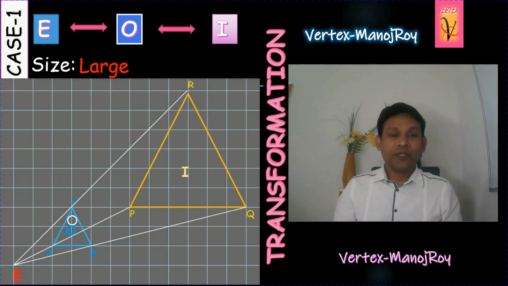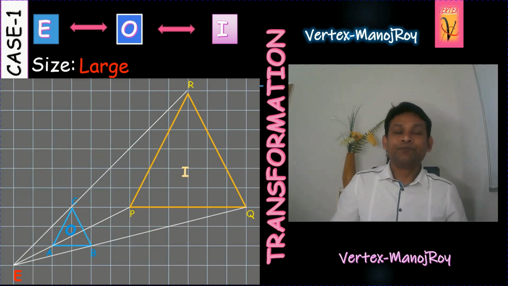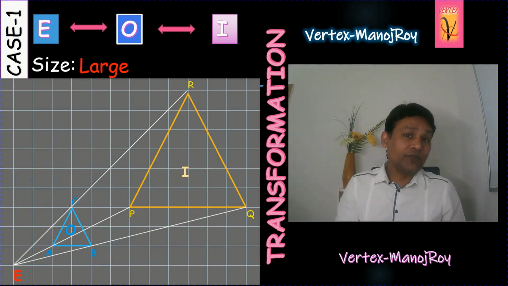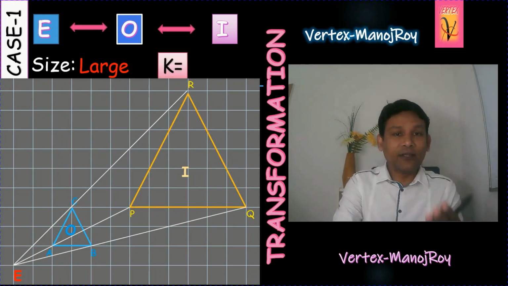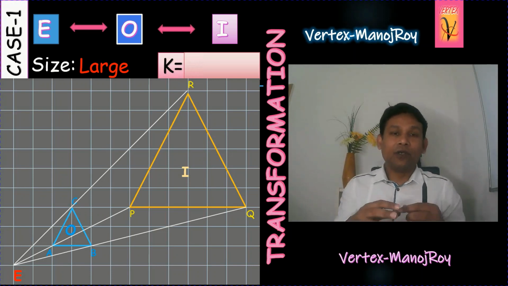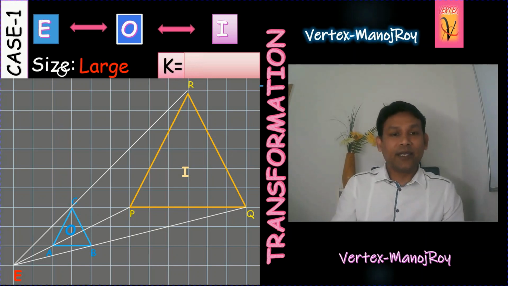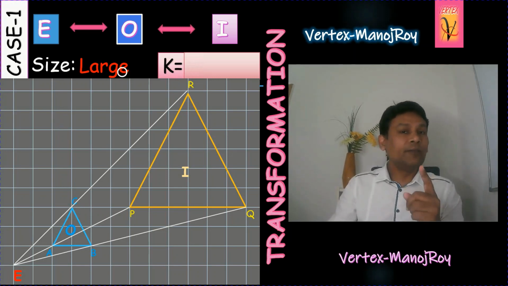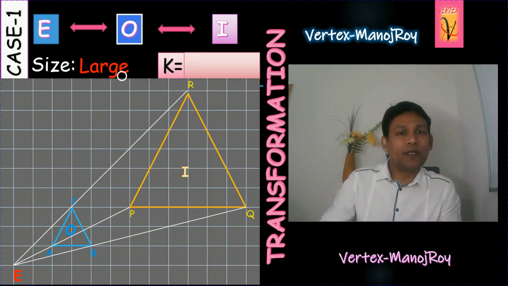I can show you an example here. You can see the center is on the left hand side, then the object and image, and the image is large. When we have this situation, please remember how we can decide the value of k: whether the scale factor is positive or negative, or a fraction or not a fraction. First of all, when the size of the image is large, it will always not be a fraction. It can be any integer, plus or minus.